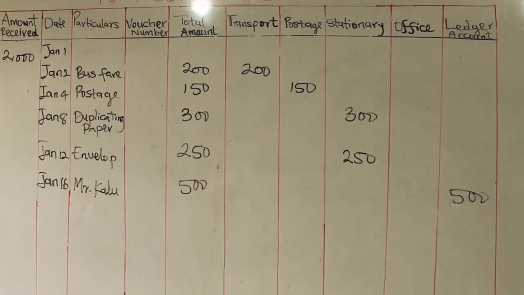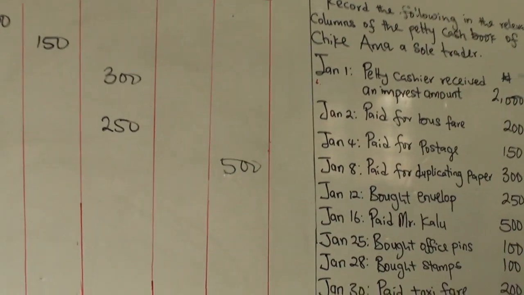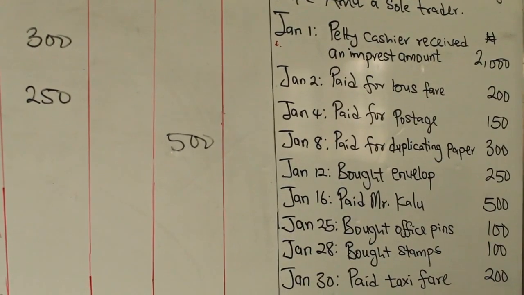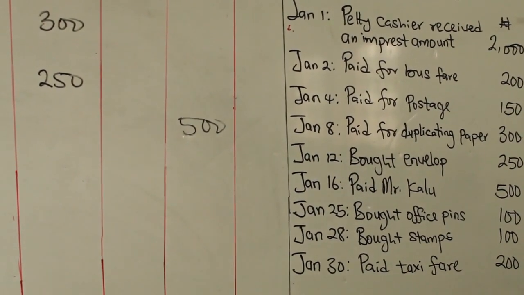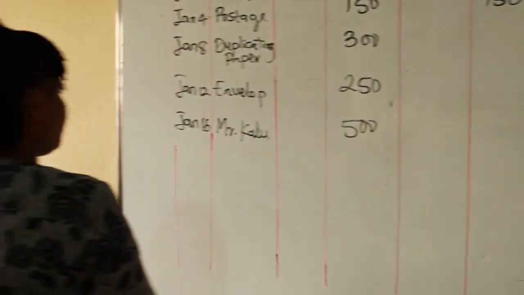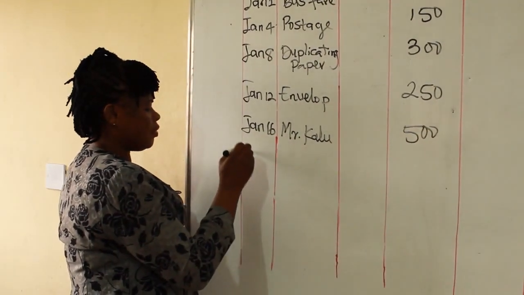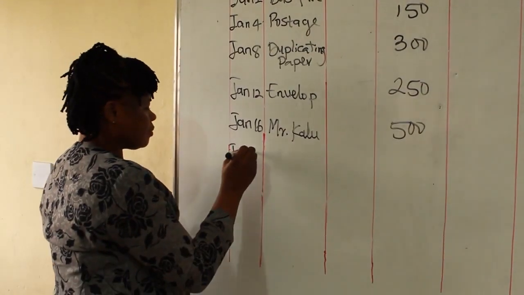The next transaction was on January 25th. Bought office pins for 100 naira. We'll post it first on the debit side, January 25th.